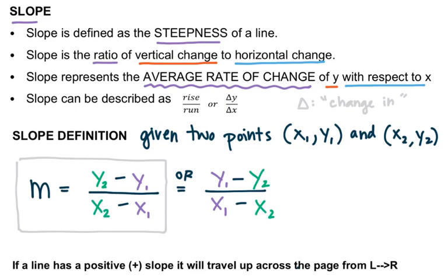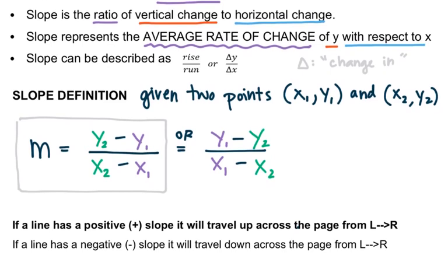Right? Now, slope is the steepness or the slant of a line. And again, when we're dealing with a word problem, slope may represent the average rate of change. One thing to keep in mind when we are graphing, if a line has a positive slope, it will travel up across the page. It will be increasing from left to right.